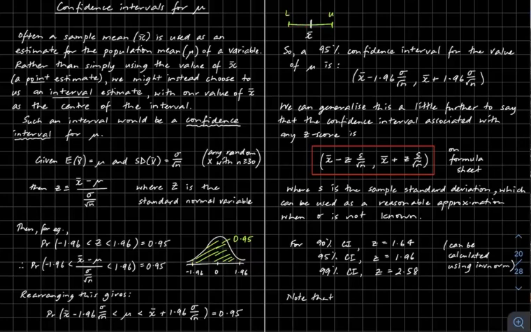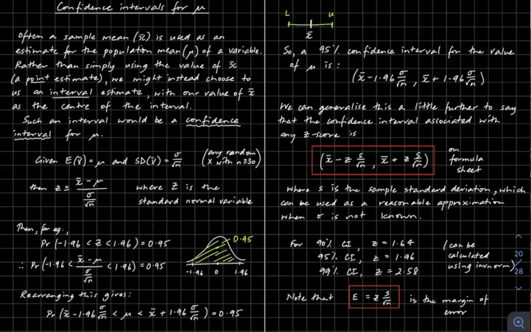So the margin of error is just z times s over root n. Let me put a box around that. That one's not on your formula sheet. Well, it kind of is because it's just that value there, isn't it?